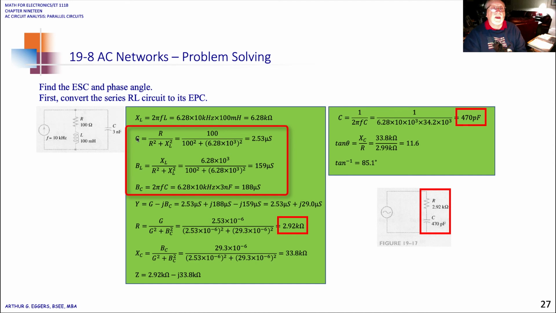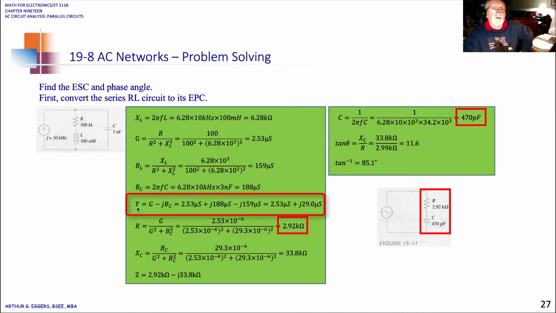We end up with a conductance of 2.53 microsiemens. In this case, we end up with 159 microsiemens. Okay, if you want to calculate then B sub C for the circuit, 2 pi FC, we multiply all of our terms together, we get 188 microsiemens.